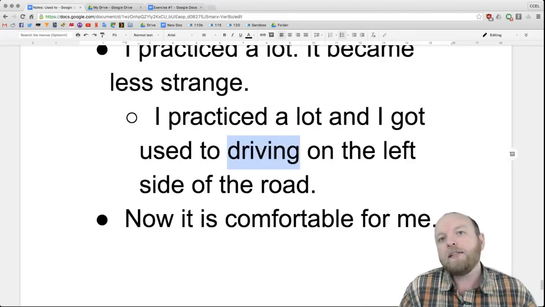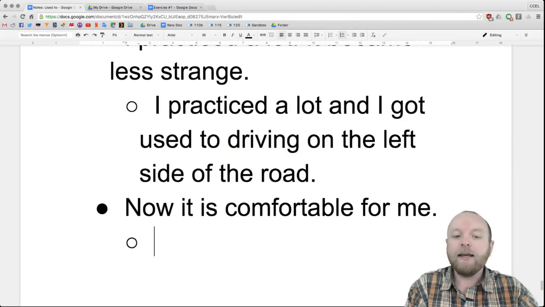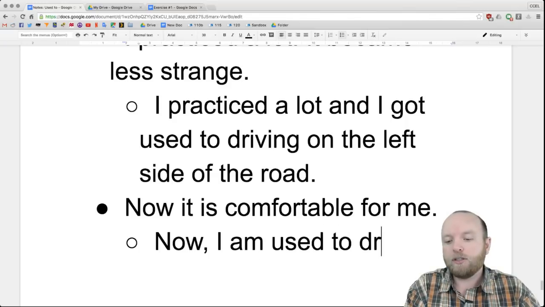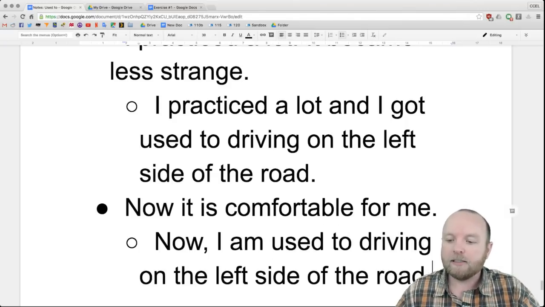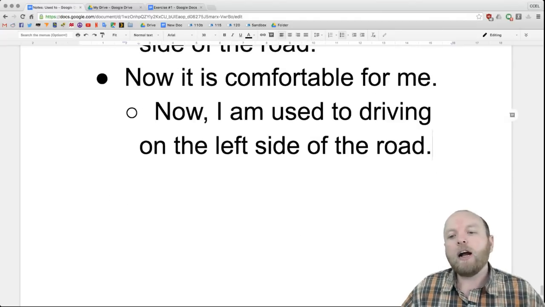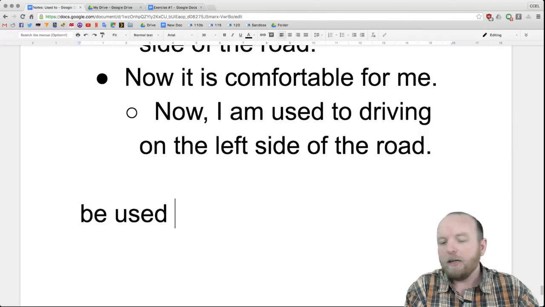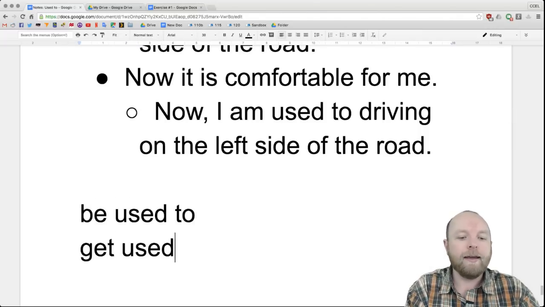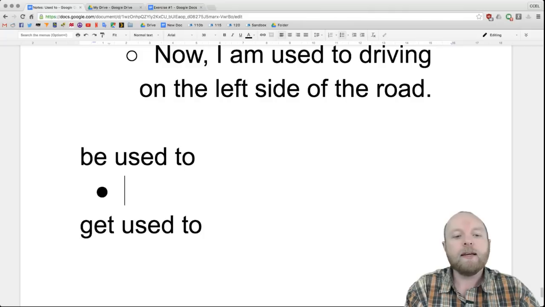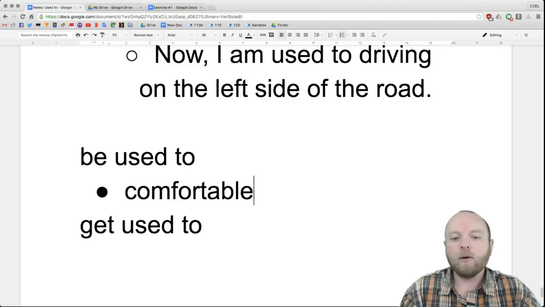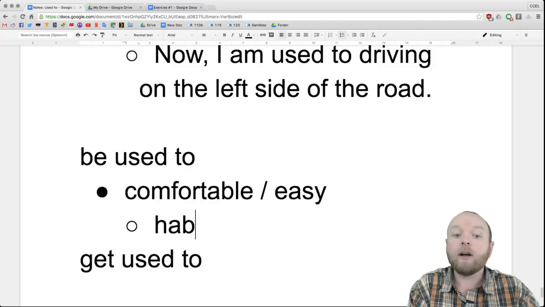It became easy for me. Now it is comfortable for me. Well, how do I say that? Now I am used to driving on the left side of the road. I know my face is in the way there. So it's very popular to use be used to or get used to. Be used to means to be comfortable, or easy. We use this to talk about maybe your habits.